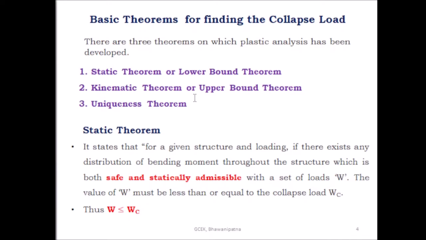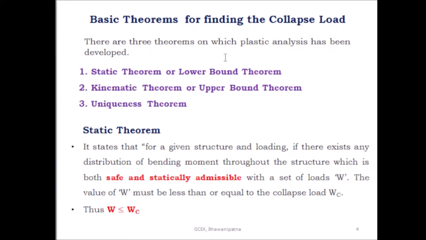However, in more complex structural problems there can be many collapse mechanisms. So we have to investigate all possible collapse mechanisms, and from these we have to select the mechanism which gives the lowest load.